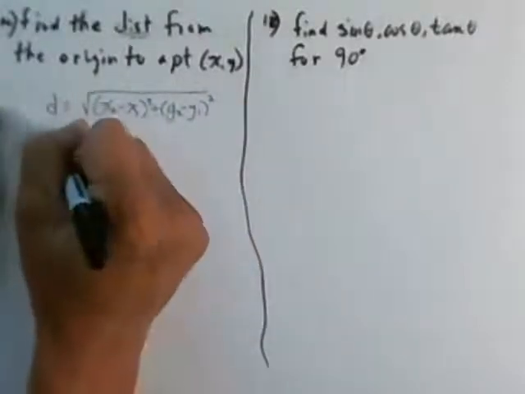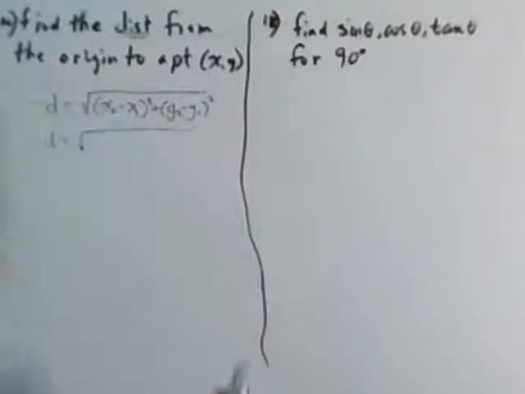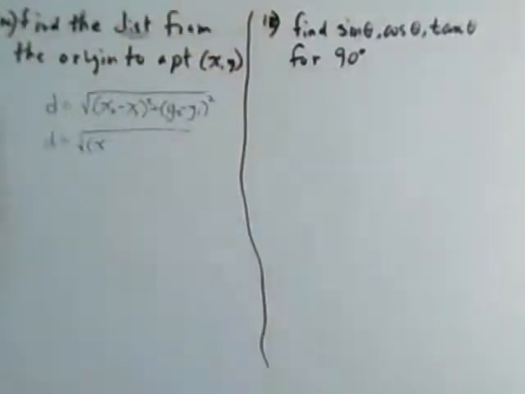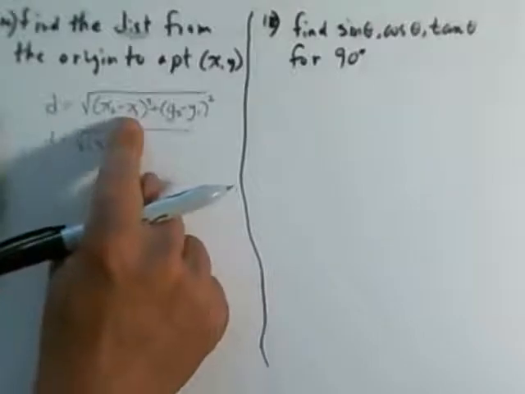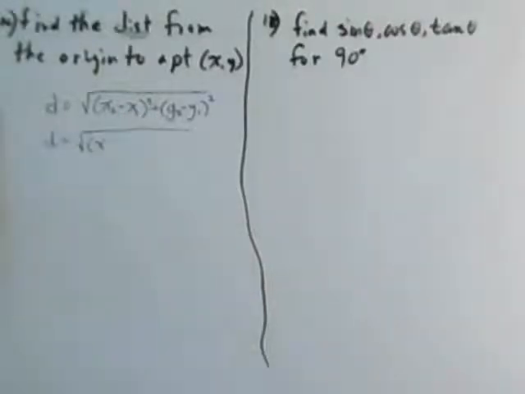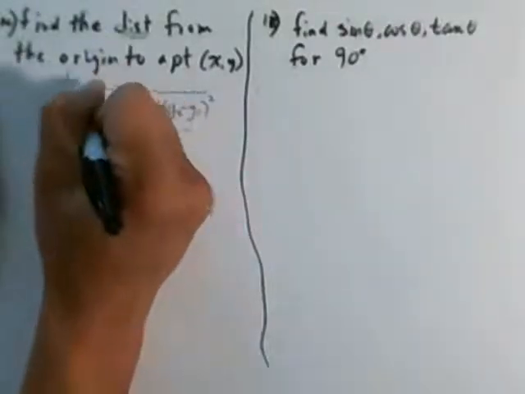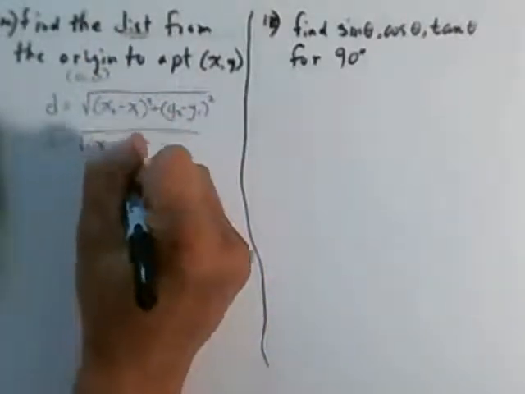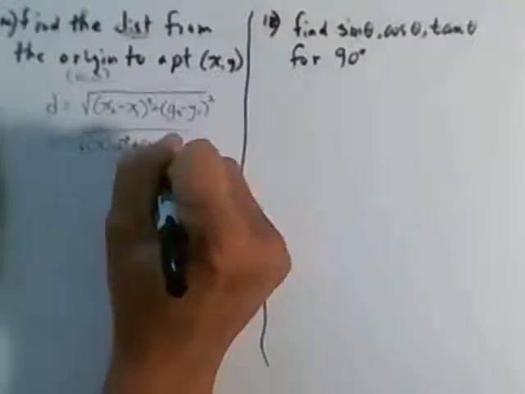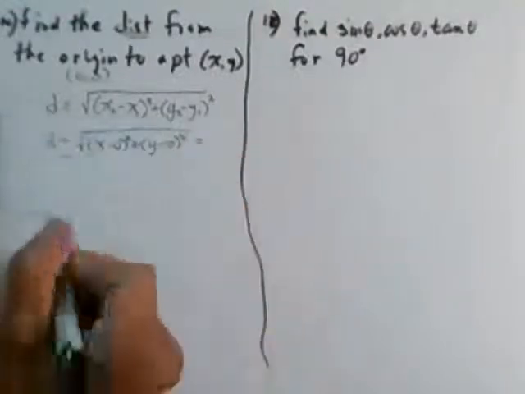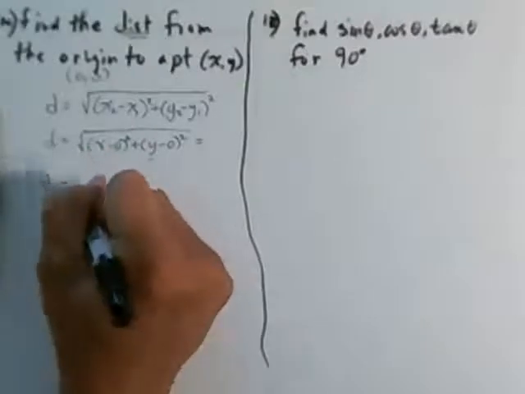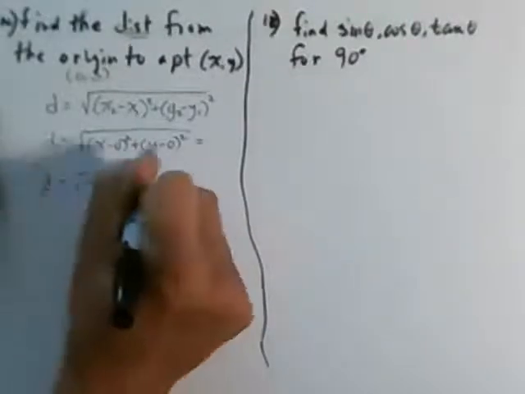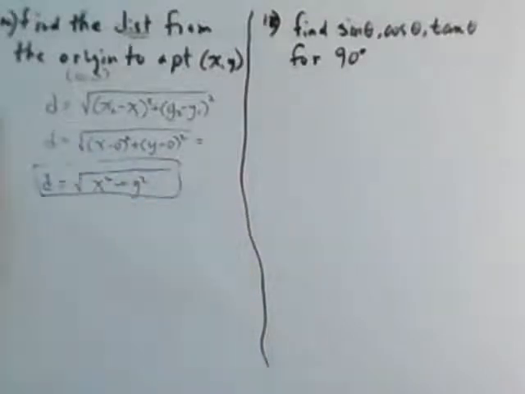We can call this x2, so it's going to be x right there. And then where's x1? We have a point called the origin. The origin is 0, 0. So x minus 0 squared plus y minus 0 quantity squared. That becomes the square root of x squared plus y squared. That's your answer right there.